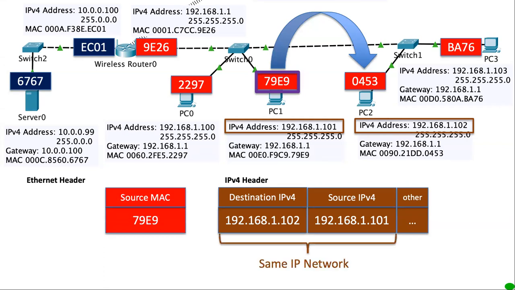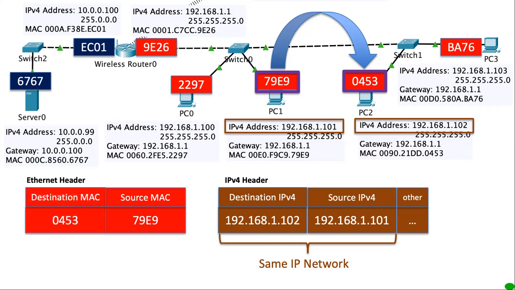And because these are on the same IP network, the destination MAC address will be that of PC2, or 0453. Okay, encapsulate the rest of the Ethernet frame, and now this Ethernet frame can be sent directly from PC1 to PC2.